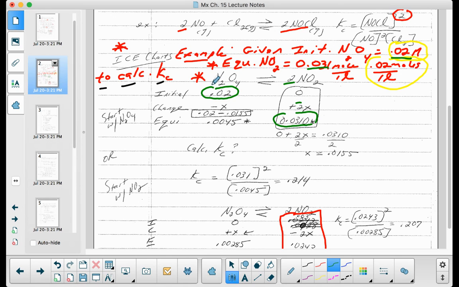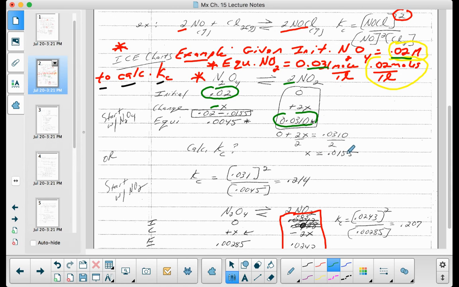And then I have no coefficient here, so I know that this is just going to go down by some variable x. So what I know is that 0 plus 2x equals 0.0310. And so how do I solve for x? I divide both sides by 2.